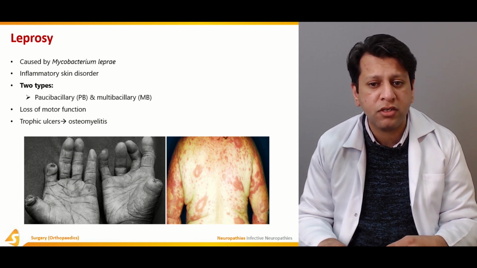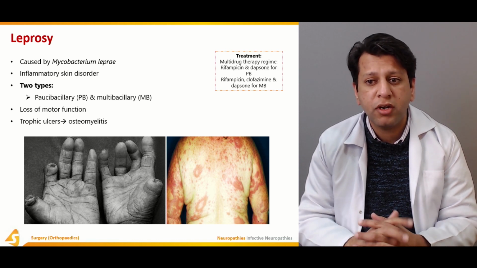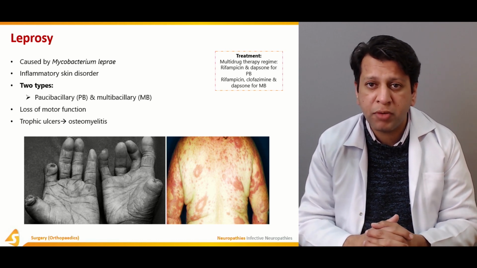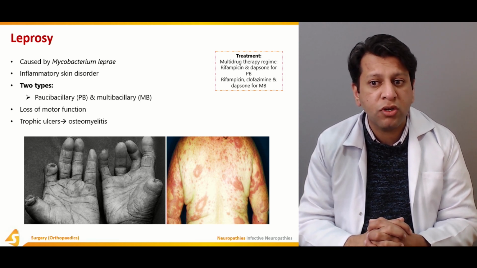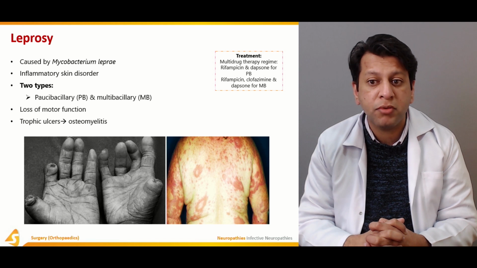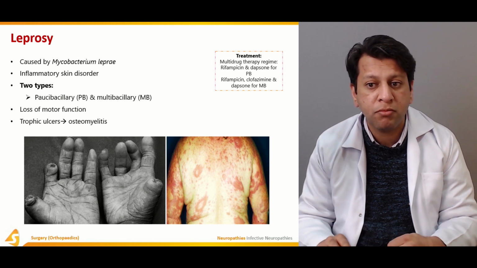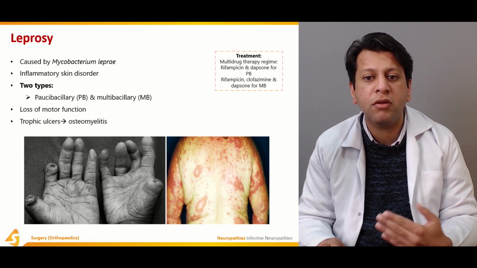There may be trophic ulcers, eventually leading to osteomyelitis as well. The treatment for Mycobacterium leprae is a multi-drug therapy regimen. Usually rifampicin and dapsone are started, but other drugs which can be given are rifampicin, clofazimine, and dapsone, whether it is paucibacillary or multibacillary.